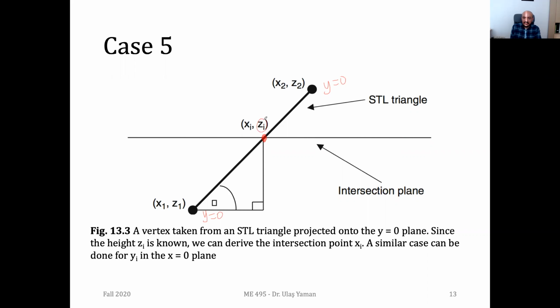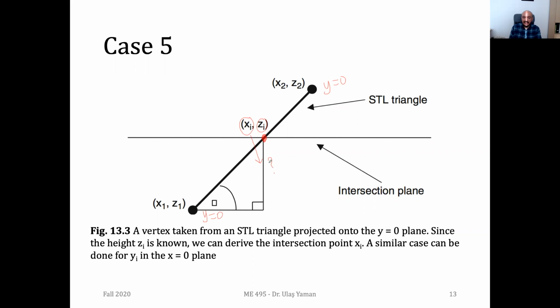We already know the z value, since this is the intersecting plane; we should know that z value, zi. We also know x2 and z2, and x1 and z1, they come from the definition of the triangle, but we don't know xi here. We need to find this xi value.